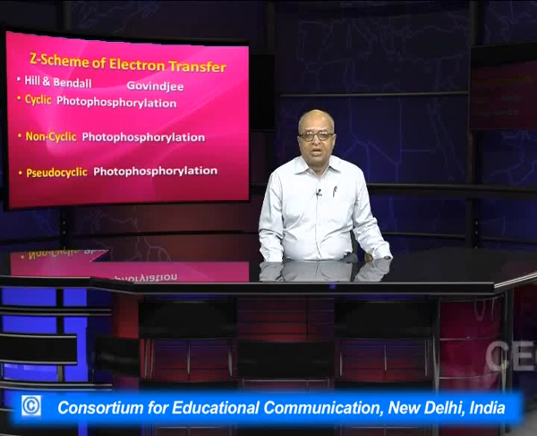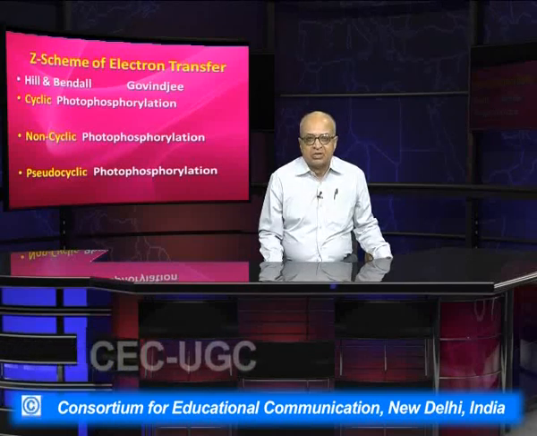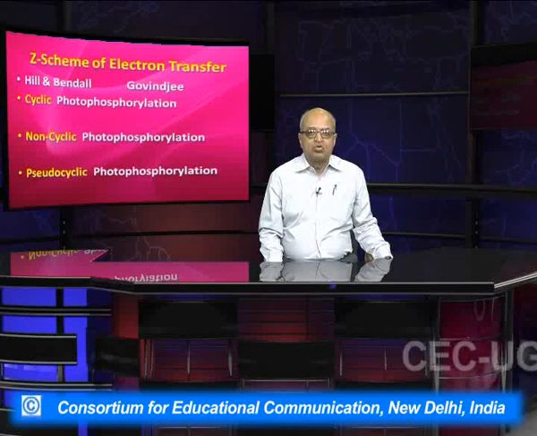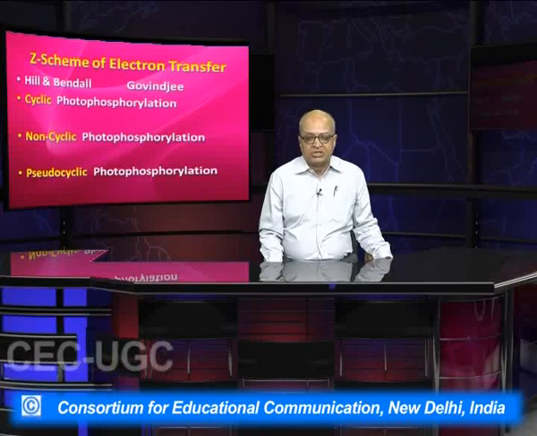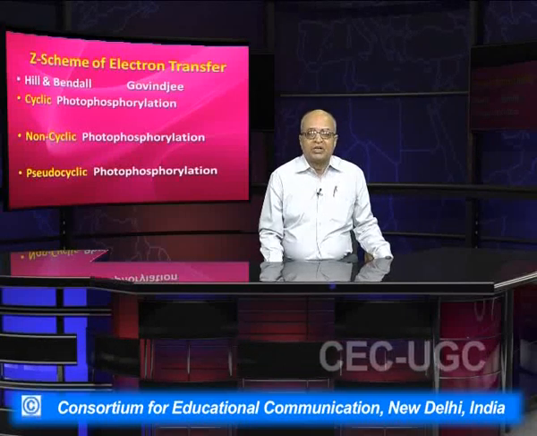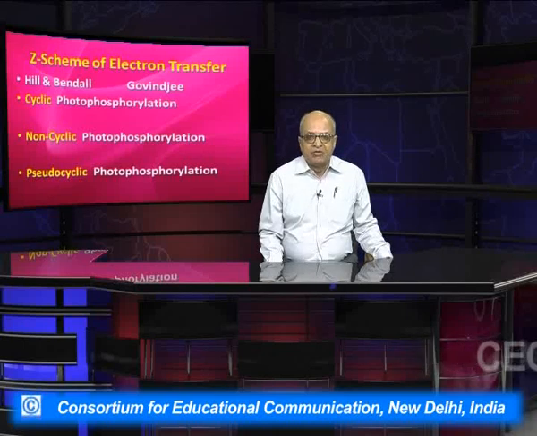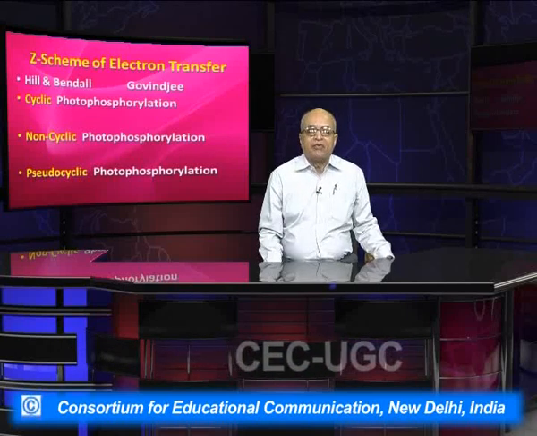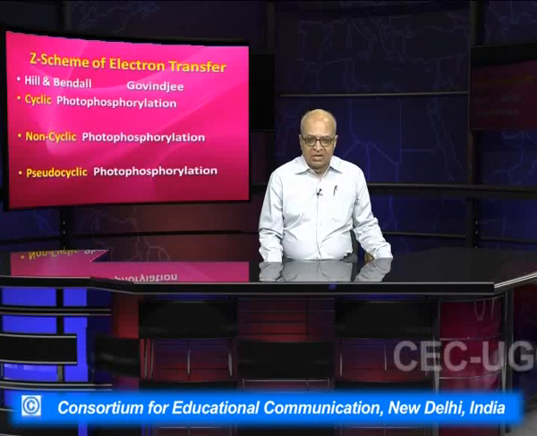If they would never come back, then they would require continuous replenishment, by the splitting of water. And there is a pseudo-cyclic photophosphorylation, which is a very unique, primitive type of photophosphorylation occurring in certain bacteria, where there is no involvement of NADP, and it is basically an FMN run show.